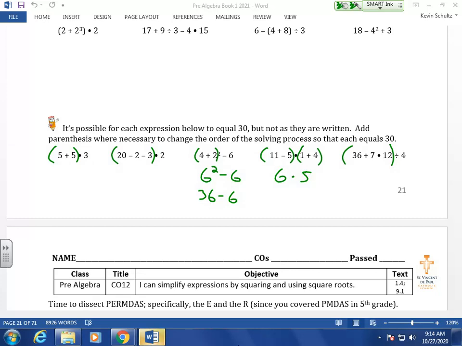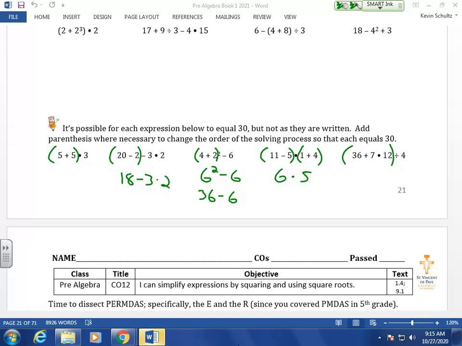Anything else with order of operations? Yeah, Sasha. For the bottom one, the second one, can you also do 20 and 2? Just the 20 and 2. So if we did that, just the 20 and 2, we would do that first, right? So 20 minus 2 is 18, and then we'd be subtracting 3 times 2.